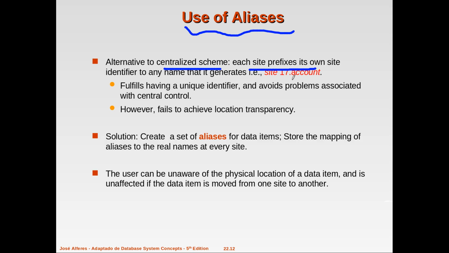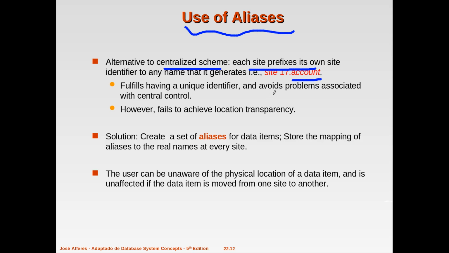That means account is the data item. Account that is present in site 17 will be given the name site17.account. That means the data item will be prefixed with the site number. Now if the same account is present in some other site, it will use an alias.